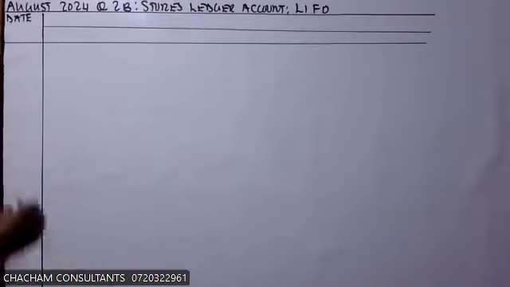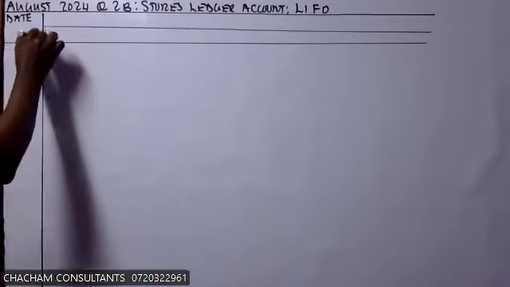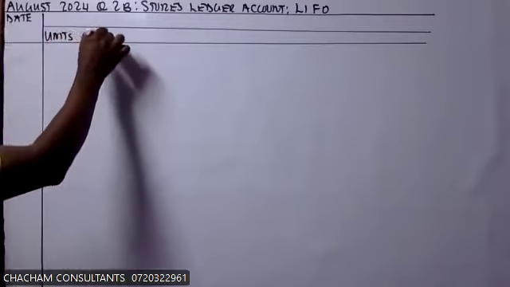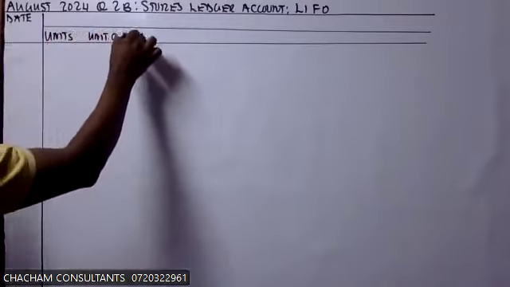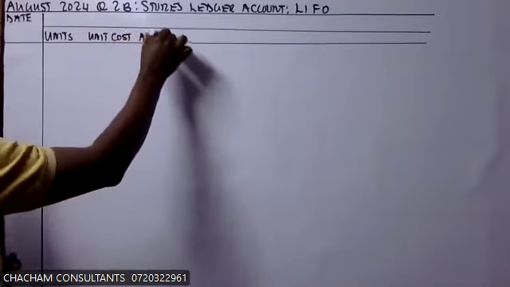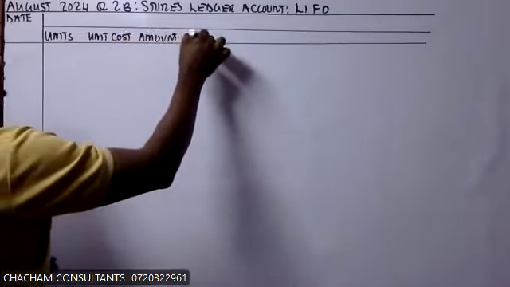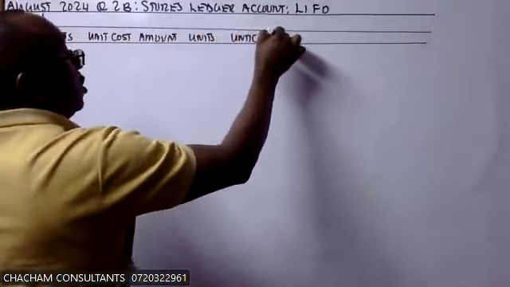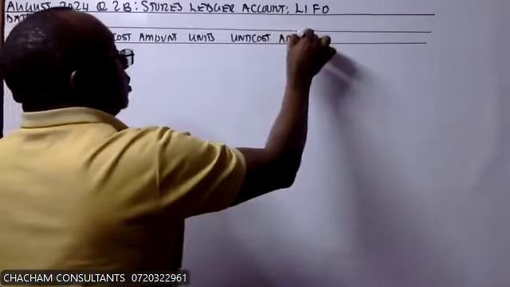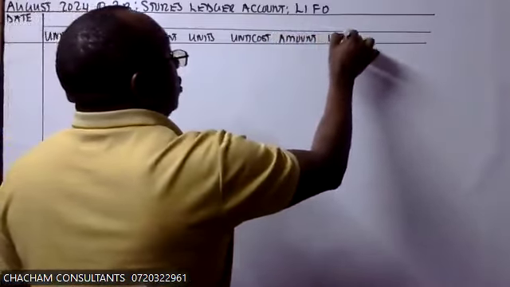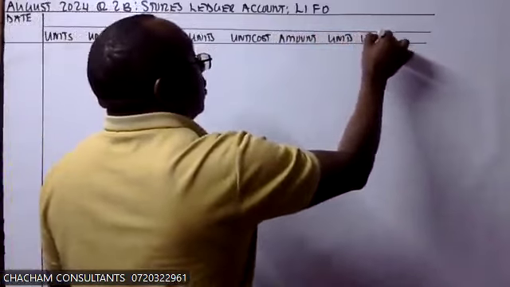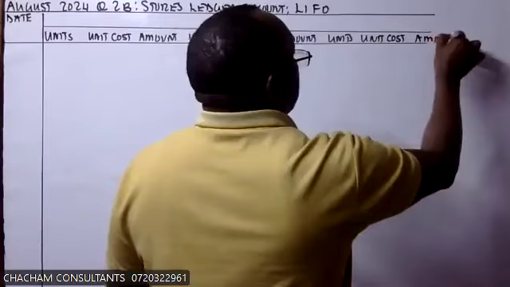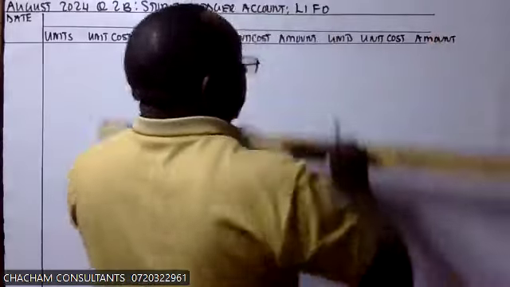Then on the second line here, we have units, unit costs, and amount. Units, unit costs, and amount. Units, unit costs, and amount.